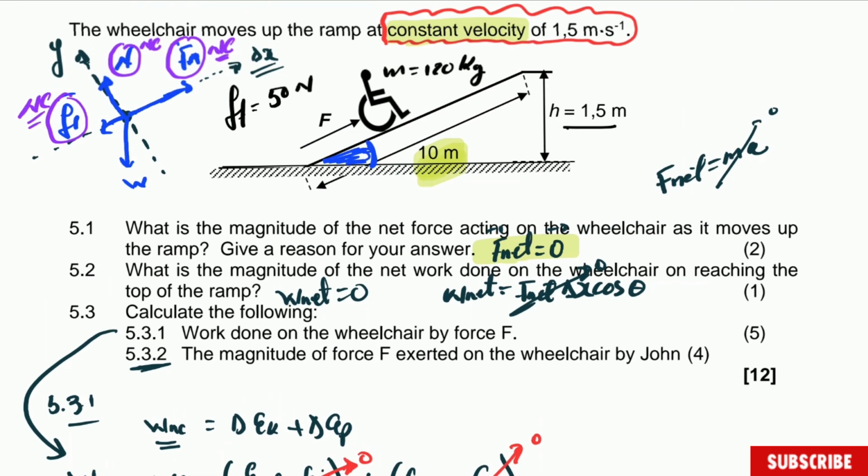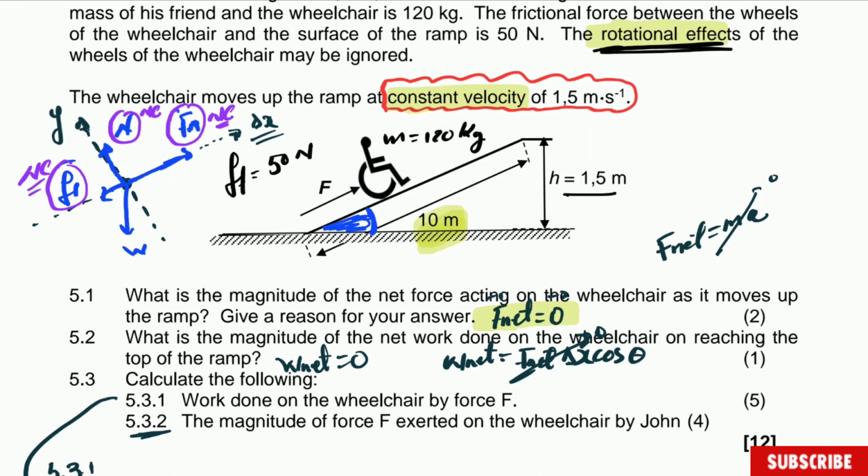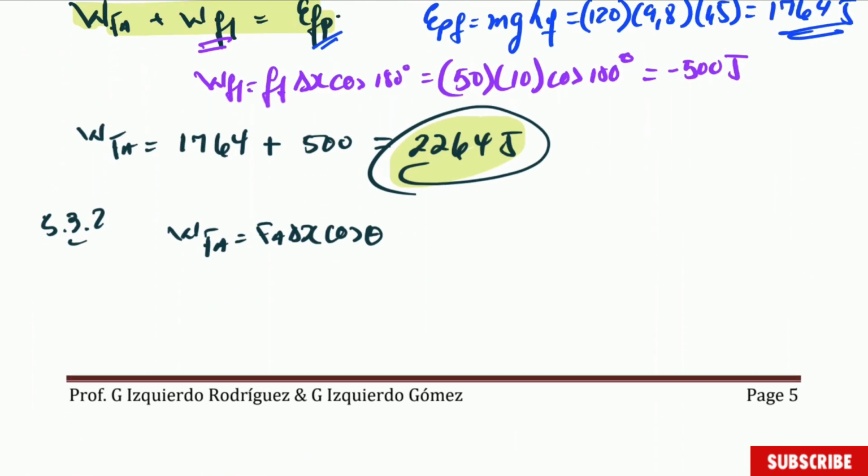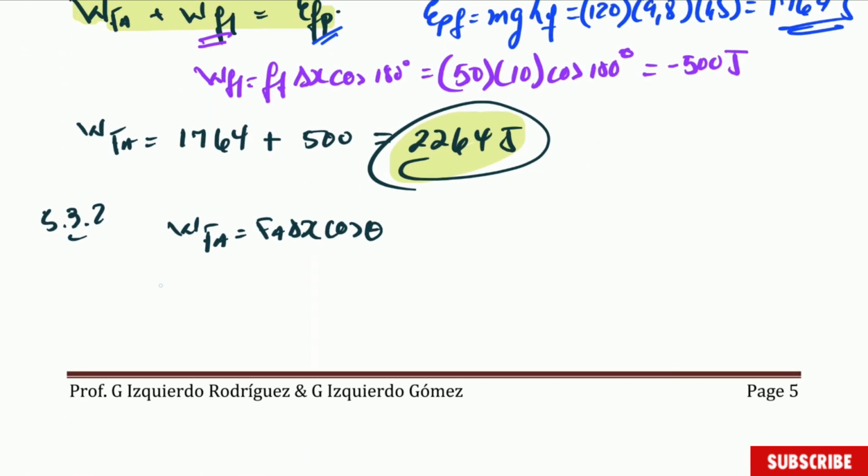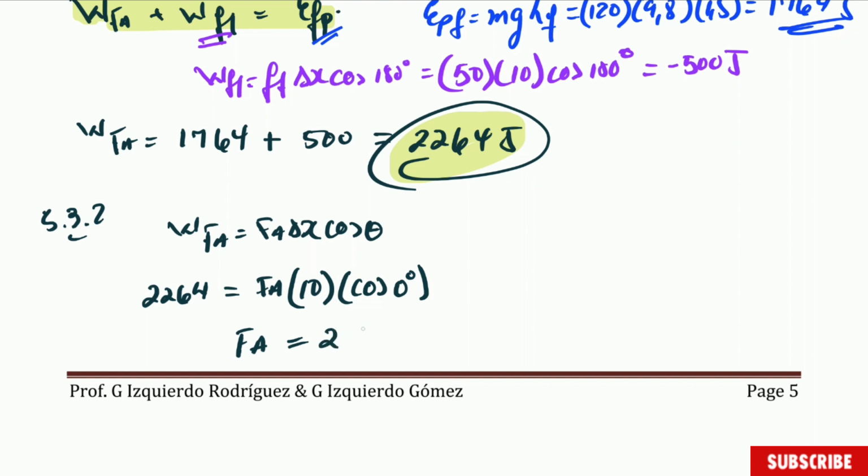If you go to the free body diagram, you can see the angle between the applied force and the displacement is equal to 0. So if you substitute here, you have 2000 and the applied force is equal to 226.4 Newton.